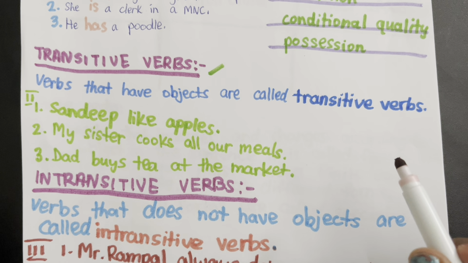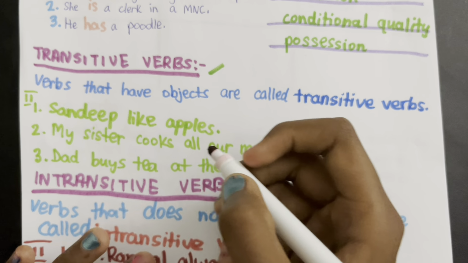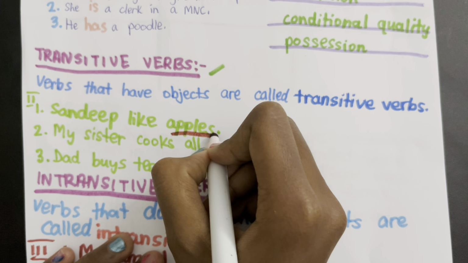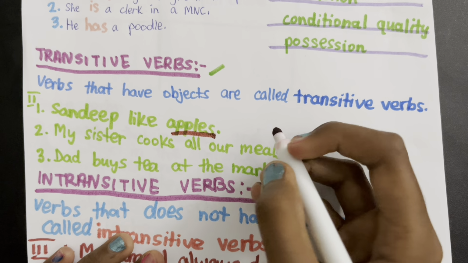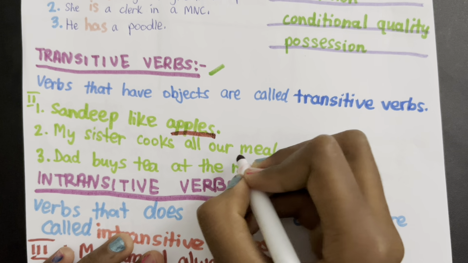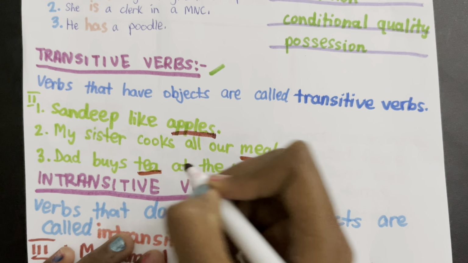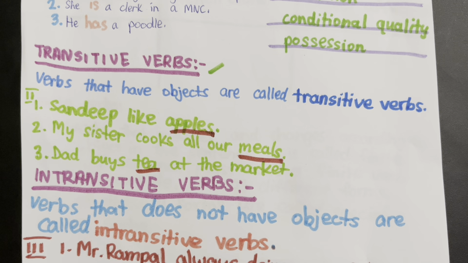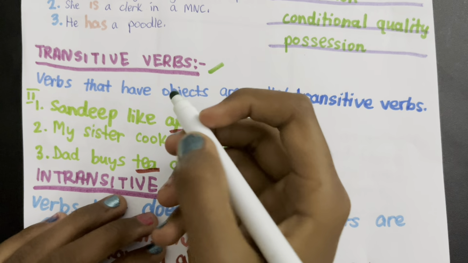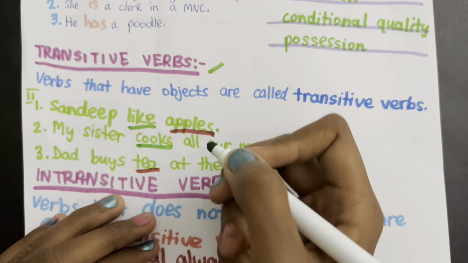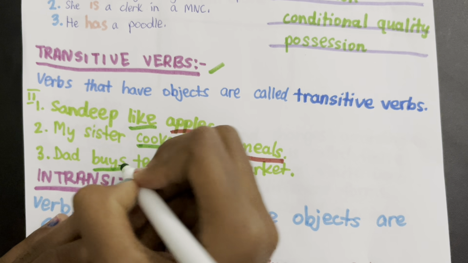In Roman number 2, we're going to underline the objects: apples, meals, and tea. And I'm going to underline the verbs in green, like cooks, buys.